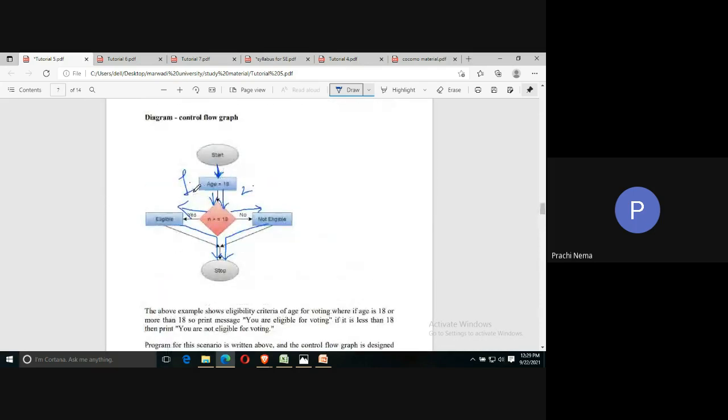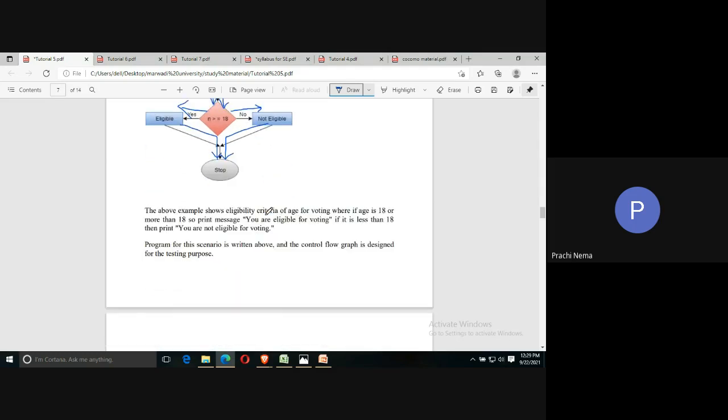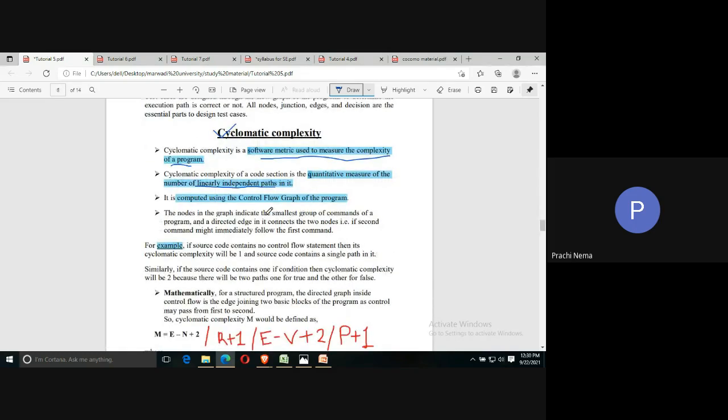So in this example, how many independent paths are there? Two. If you want to take a third one, you have to repeat all the edges of either the first path or the second path, so that would not be an independent path. An independent path must have at least one uncommon edge.